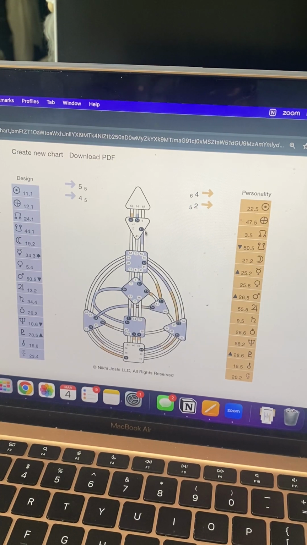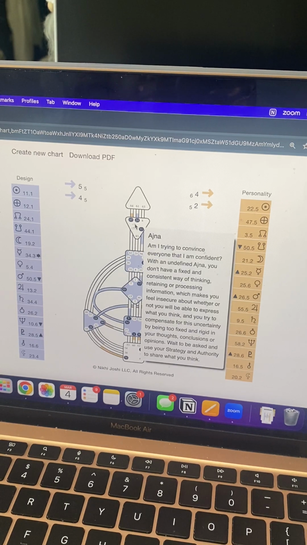Mine is open, even though I have multiple gates that are defined, so I'm designed to be very fluid when it comes to the way that I think or view the world. As it's written over here, I don't have a fixed or consistent way of thinking, which can be flowy and can lead to some tough self-talk at times.